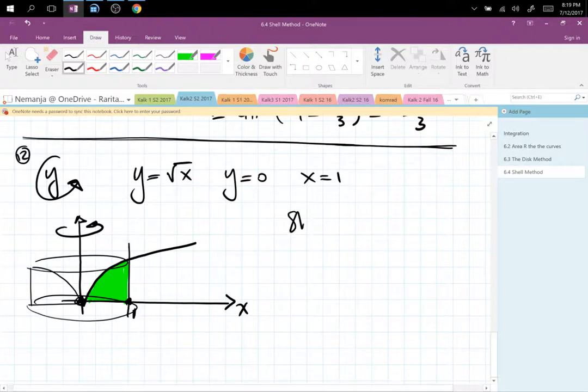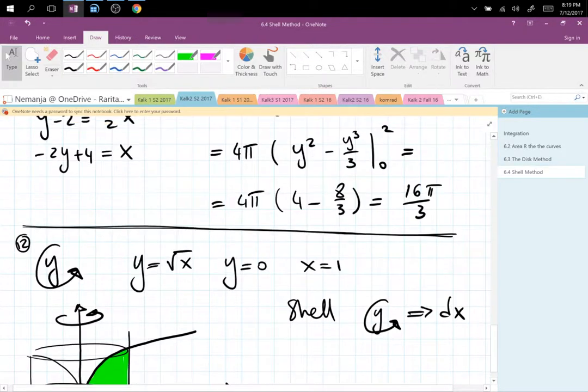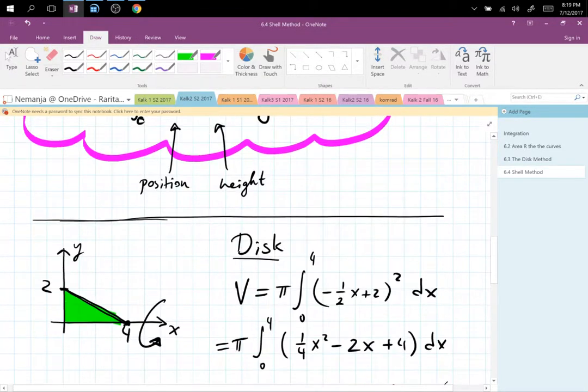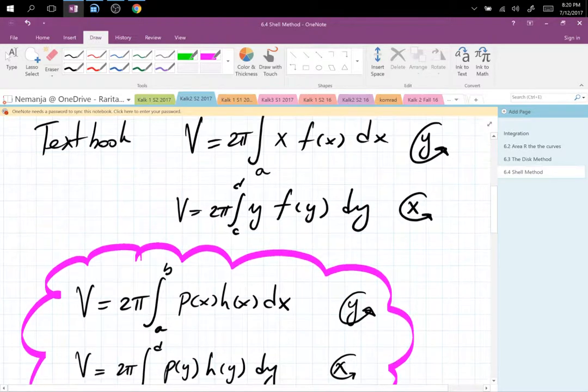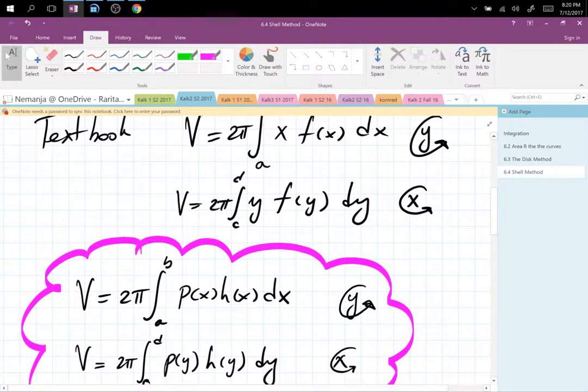So shell method here, if you have rotation on y, that means we are using dx. That is the part that you have to learn. When I go back to formulas, whether you're going to use the textbook or what I gave you, observe.